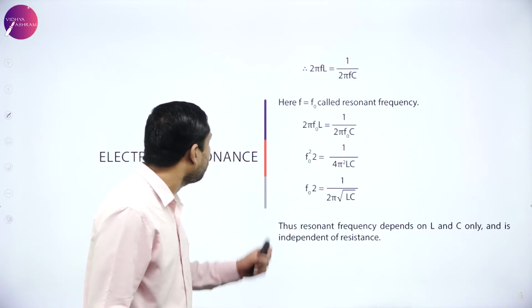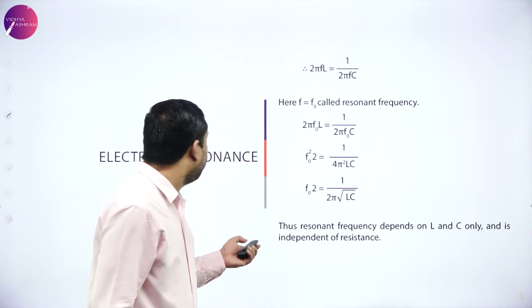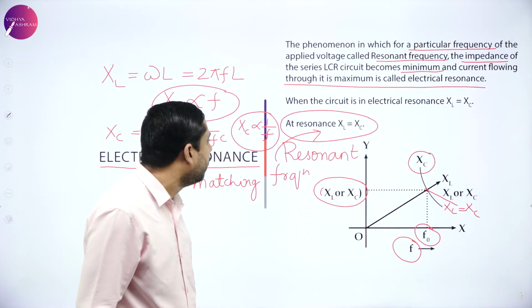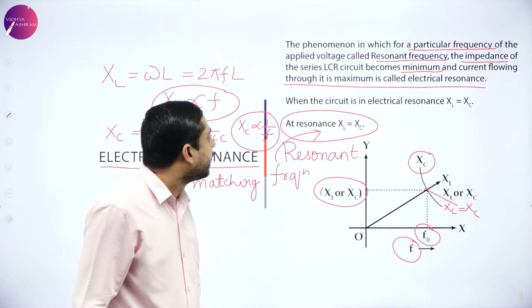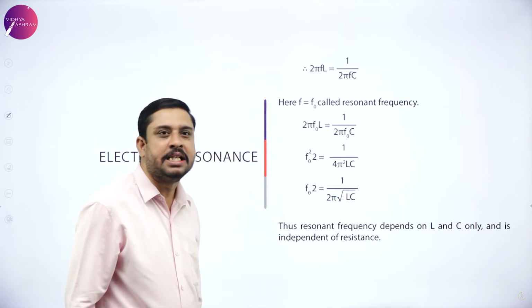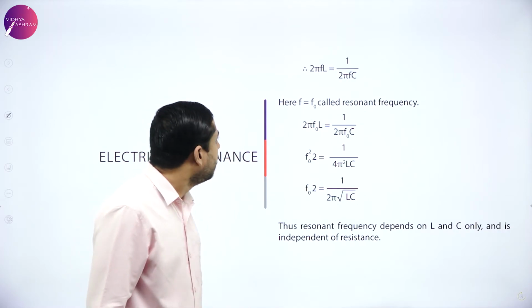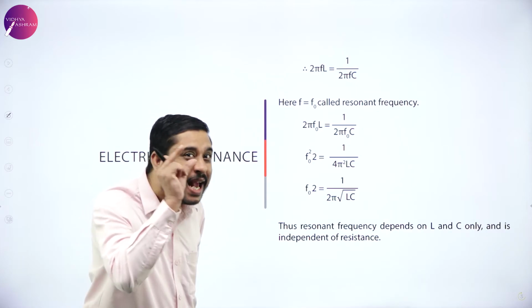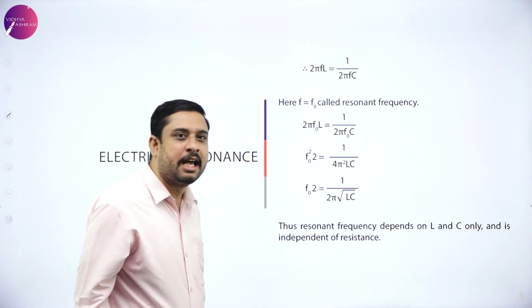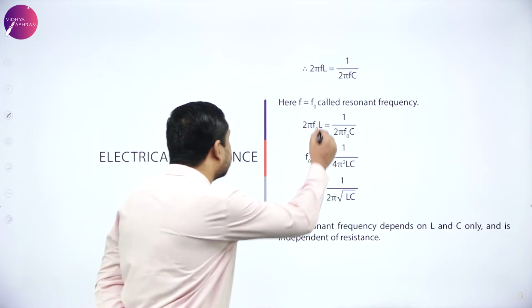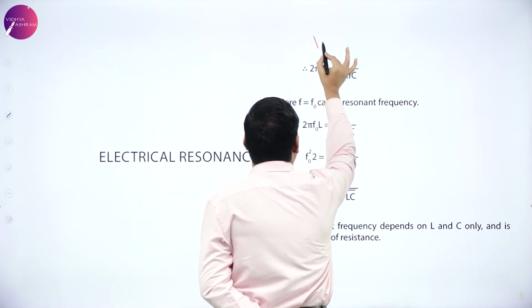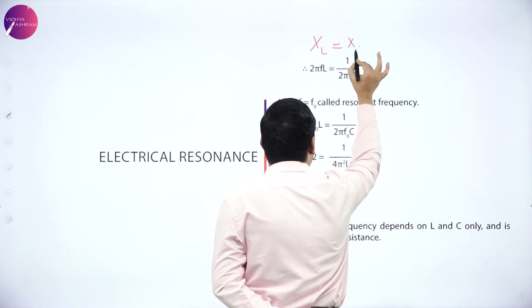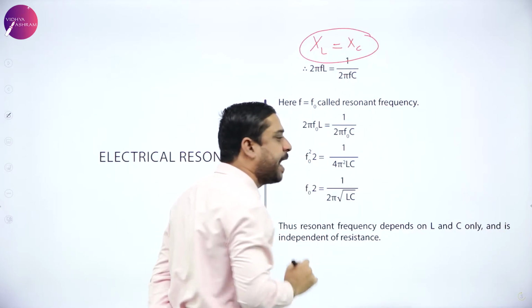Now, we will derive an expression for what we call resonant frequency. So we told at resonance, whenever electrical resonance is achieved, XL should be equal to XC.